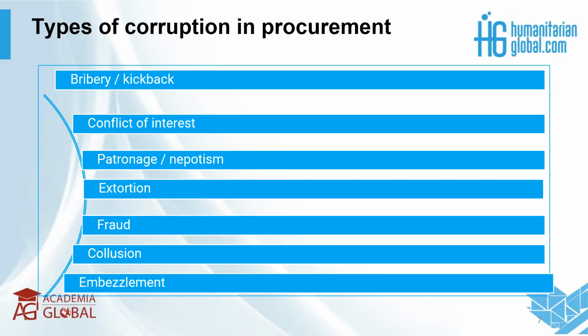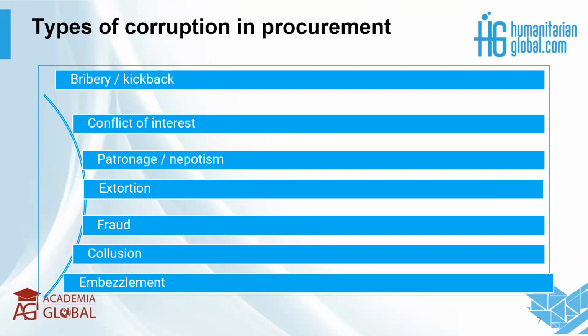In fraud, this is deceitful manipulation or distortion of information for personal gain. In fraud, you either lie to suppliers or you steal from the organization in order to have a personal gain, and the organization loses in that.